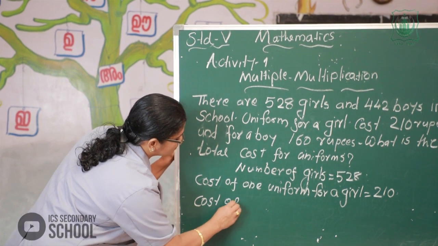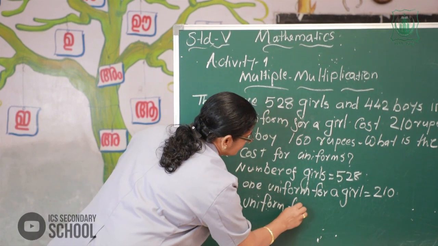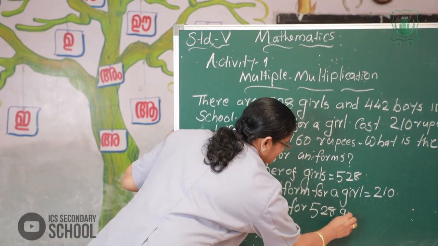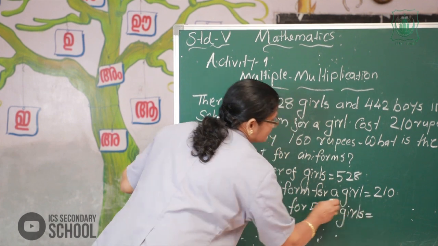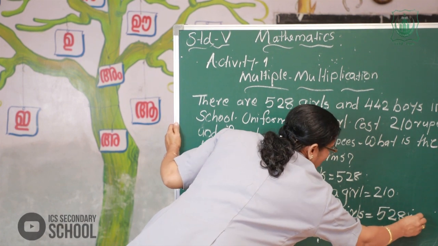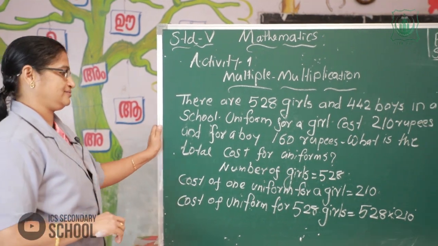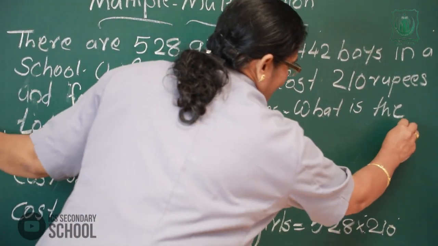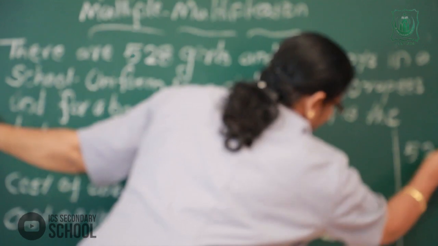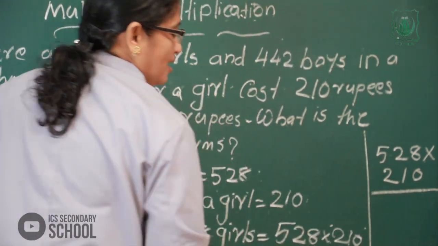Cost of uniform for 528 girls: 528 into 210. Multiply this number.